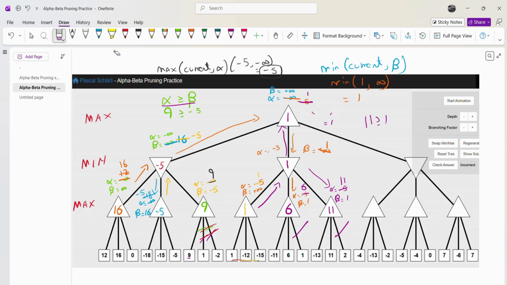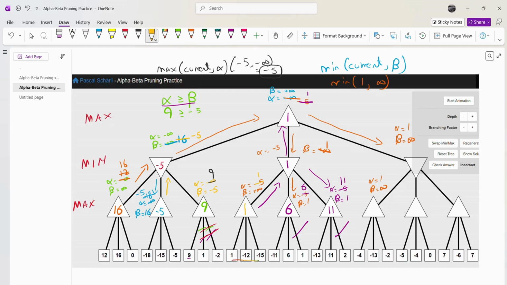Now we have the root node as 1. Now this will send its value to its child over here. So this child will get alpha as 1 and beta as positive infinity. So this will send those values to its leftmost child, alpha as 1, beta as positive infinity.